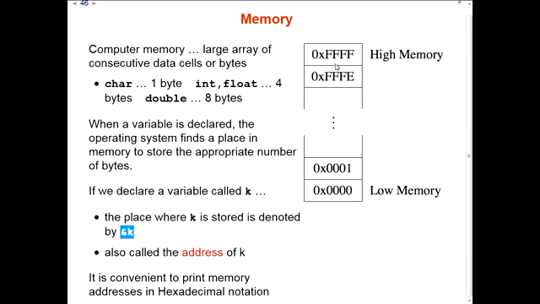So if we have a computer memory for which we only need 4 hexadecimal digits, then any of these bytes could be the starting address, if all that memory is free, of our particular variable k.